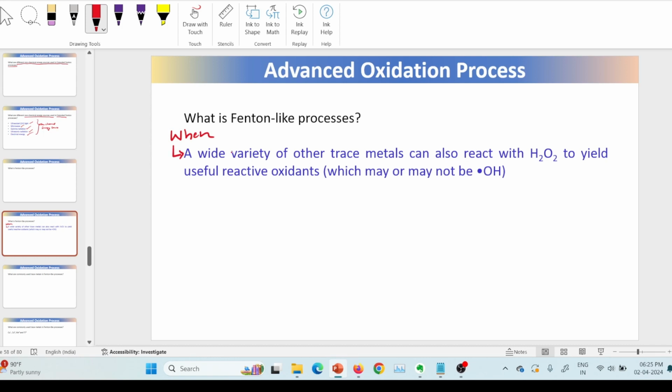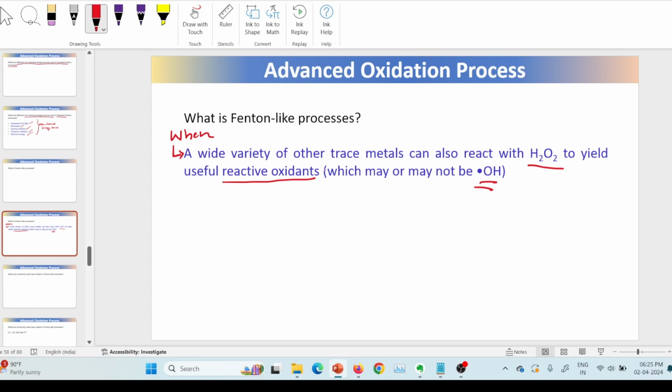A wide variety of other trace metals can also react with H2O2 to yield useful reactive oxidants, which may or may not be OH radical.